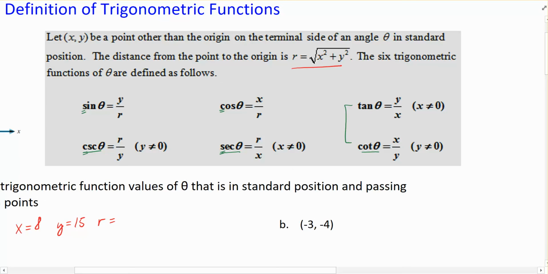Because we have a right triangle, we can solve for any of the missing sides. So if I were to say x squared plus y squared is equal to r squared, and solve that equation for r, I would just need to take the square root of both sides, and I would find that r is equal to the square root of x squared plus y squared.